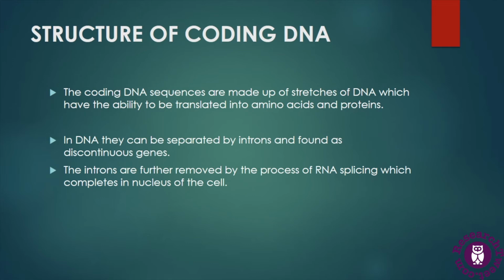Now let's understand the structure of coding DNA, or the structure of exons. The coding DNA molecules are made up of stretches of DNA. They are basically made up of nitrogenous bases or nucleotide sequences, and they have the ability to be translated into amino acids and proteins, because we know that DNA can function only with the help of protein synthesis.